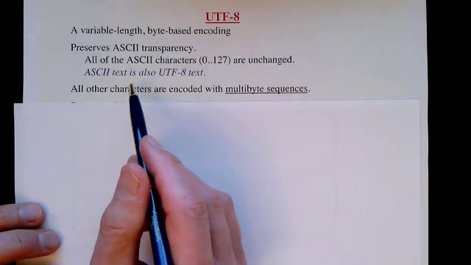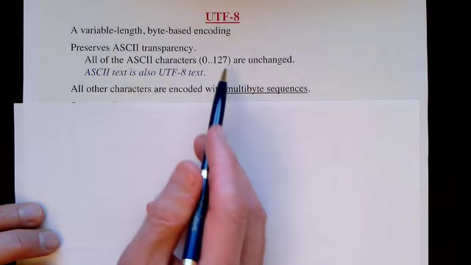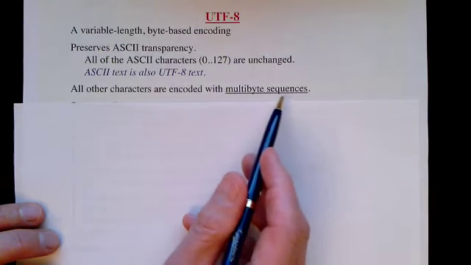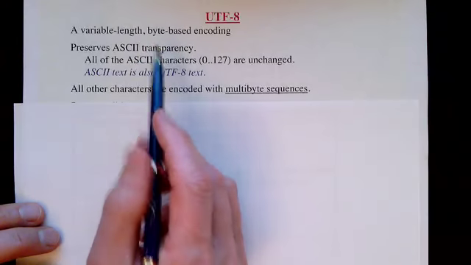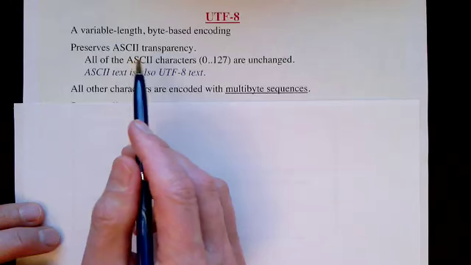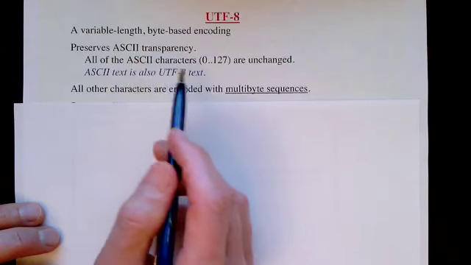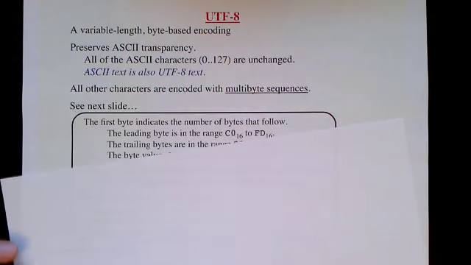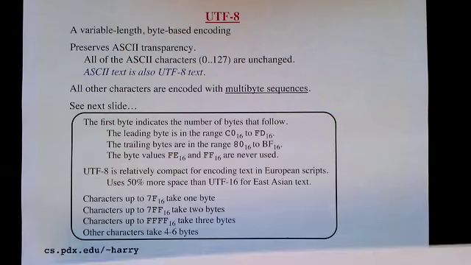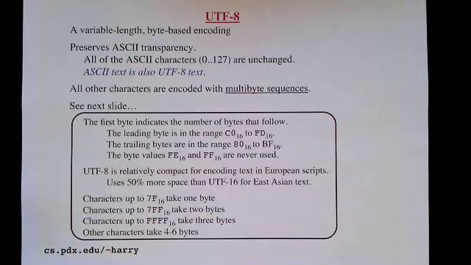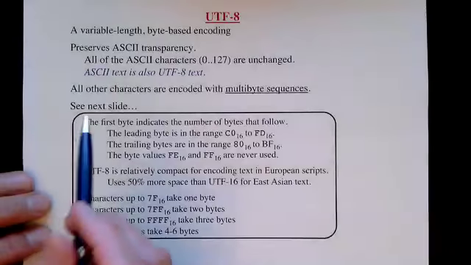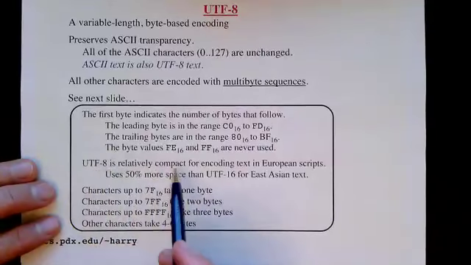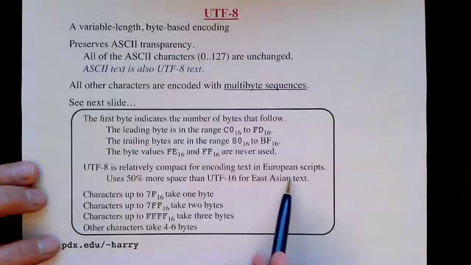However, the other characters, above and beyond 127, are encoded with multi-byte sequences. So this is a variable length encoding. Common characters are encoded with 1 byte. ASCII characters being considered common, they're encoded with 1 byte. Some other characters are encoded with 2 bytes, and some are encoded with 3 and more bytes. Okay, so UTF-8 is relatively compact for European texts.